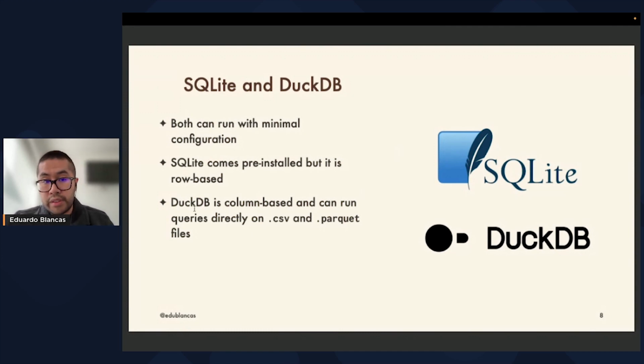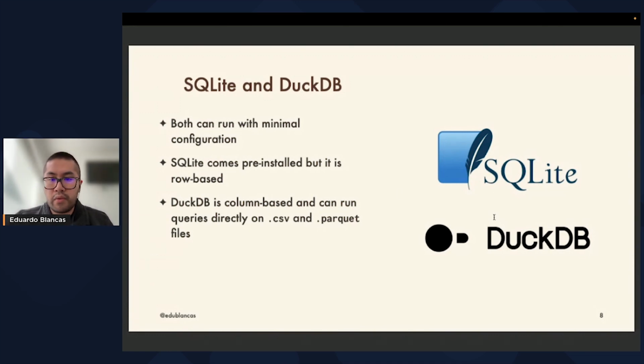DuckDB is a more recent project and is specifically designed for running analytical queries. It stores the data in a column-based manner. And the most interesting part is that it can run queries directly on CSV or Parquet files and other formats. You simply write your SQL, point to the data file, like a CSV file, and then you can start running any kind of analytical queries.